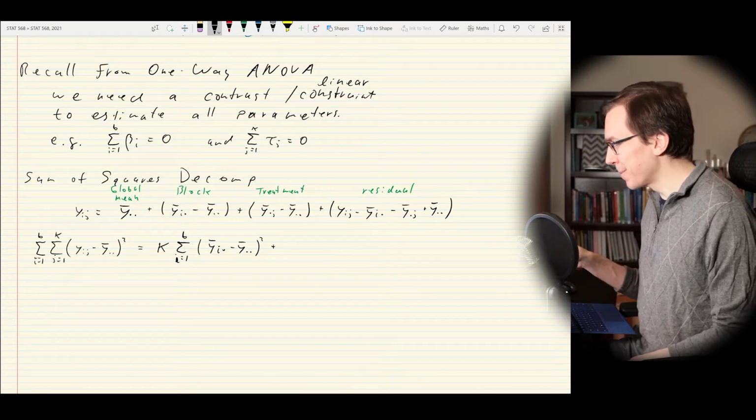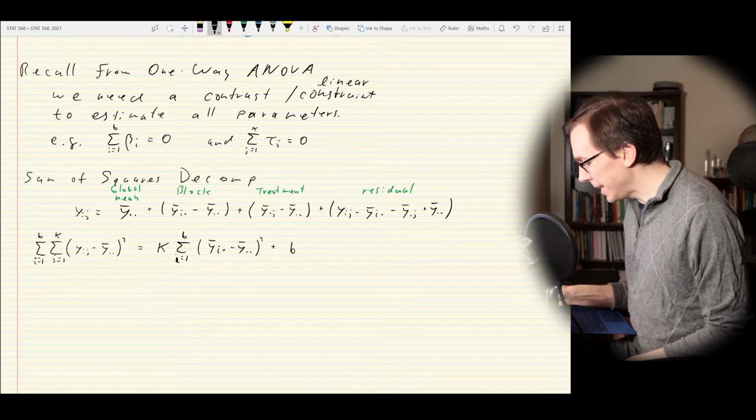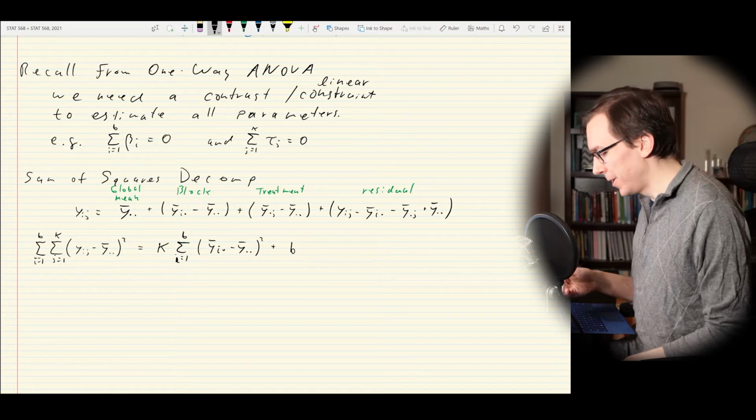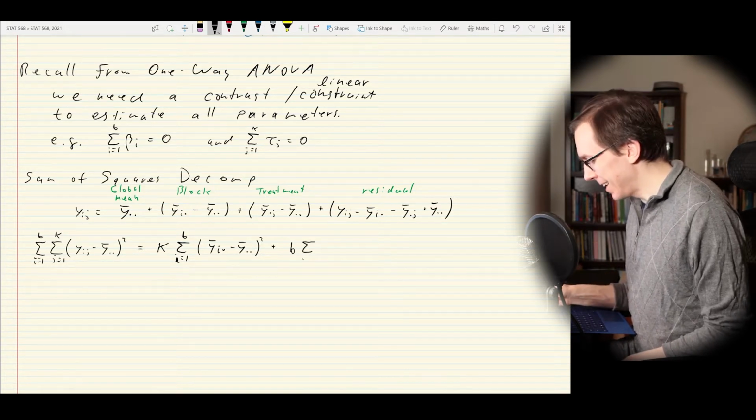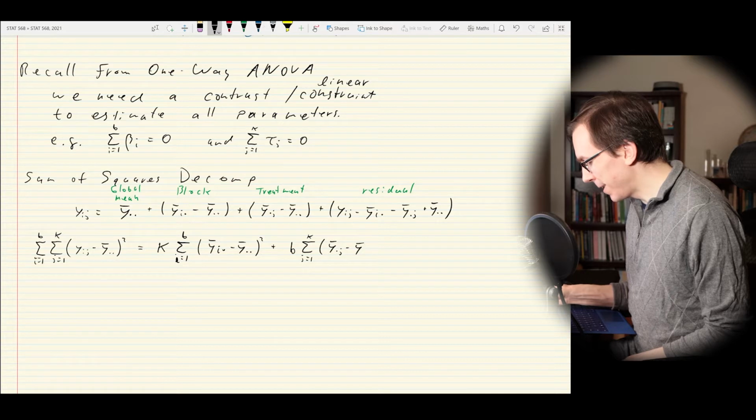All right, so that's the first term. The second term is going to be a b because we've already summed over all i's from 1 to b. And then we're going to take j from 1 to k, and we're going to sum y bar dot j minus y bar dot dot squared.